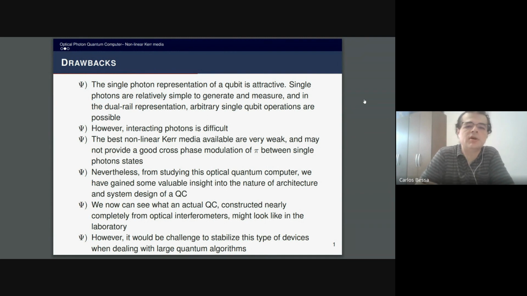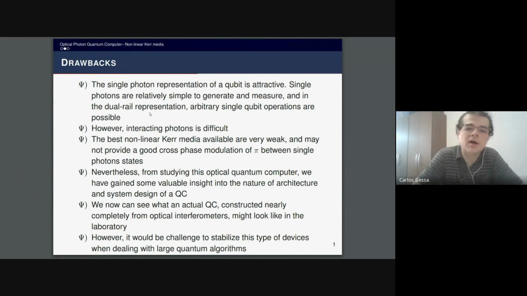So the single photon representation that we considered in the past lectures is attractive for qubit representation because we're using photons, right? And for the fact that single photons are relatively simple to generate and measure. In the dual rail representation, arbitrary single qubit operations are possible, as we saw.